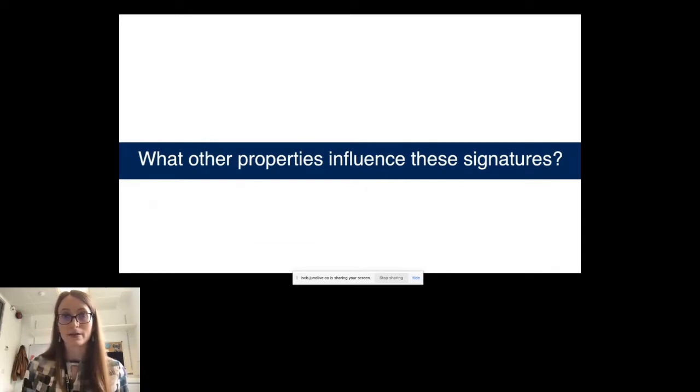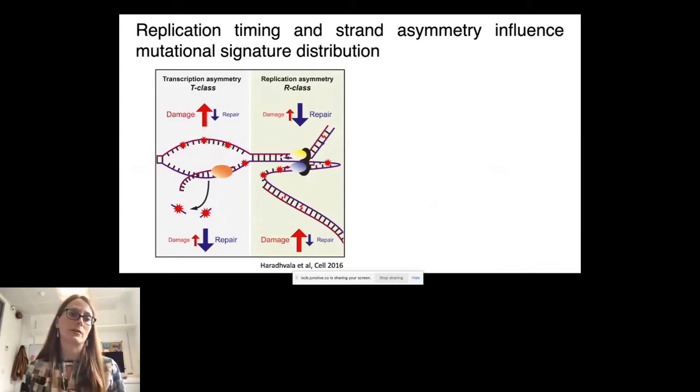Now, like I said, these mutational signatures, or mutational patterns, are not randomly distributed in the genome. We do see these local effects where the context, the 5' and 3' bases, matter a lot. But there are also other properties that influence these signatures, and this has already been cataloged some years ago.